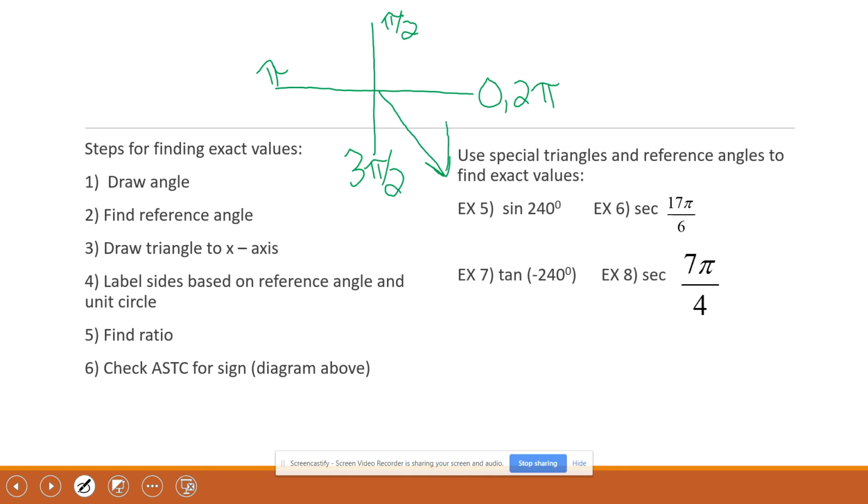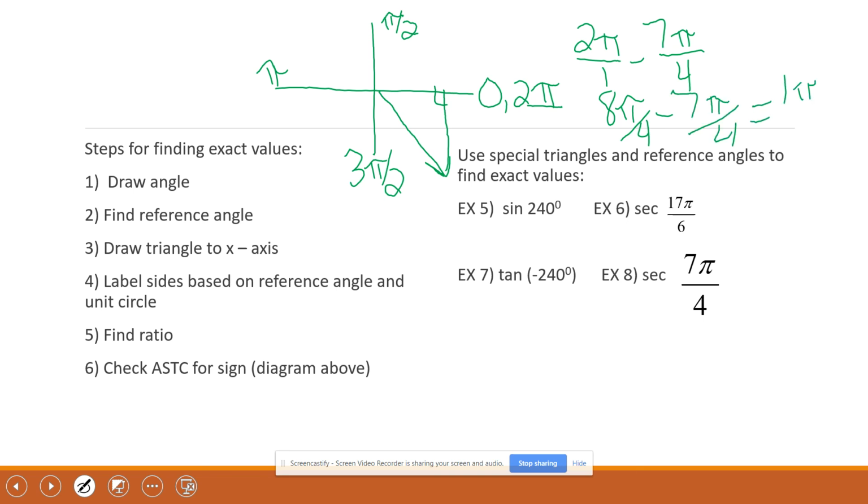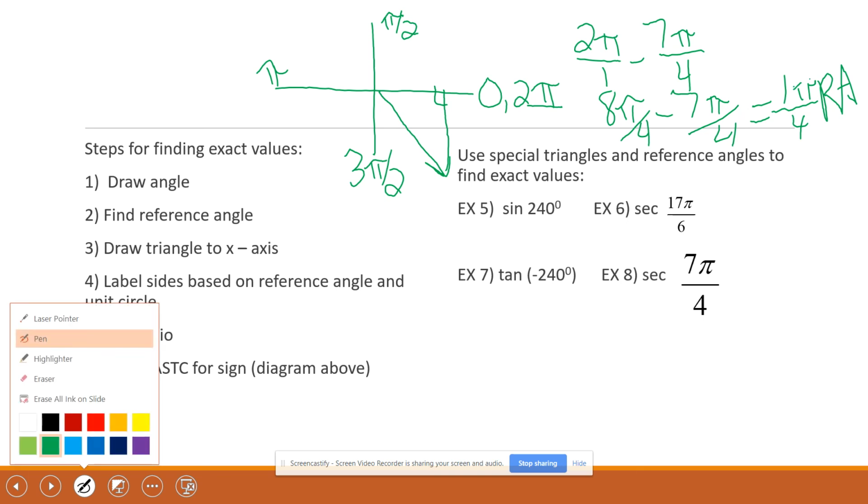Our nearest x-axis is here, and it'll be closest to 2 pi. So 2 pi minus 7 pi over 4. Common denominators makes that 8 pi over 4 minus 7 pi over 4, which is 1 pi over 4. Our reference angle is 1 pi over 4.